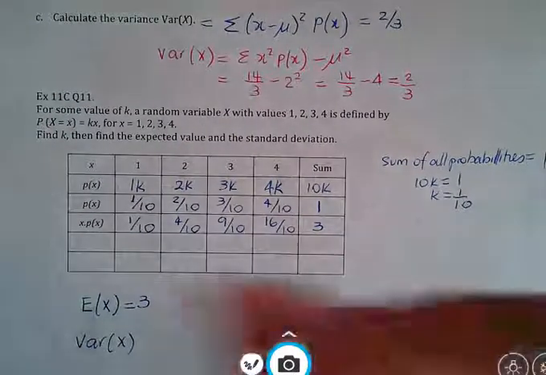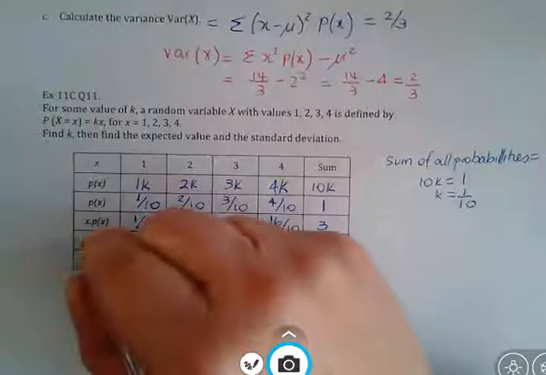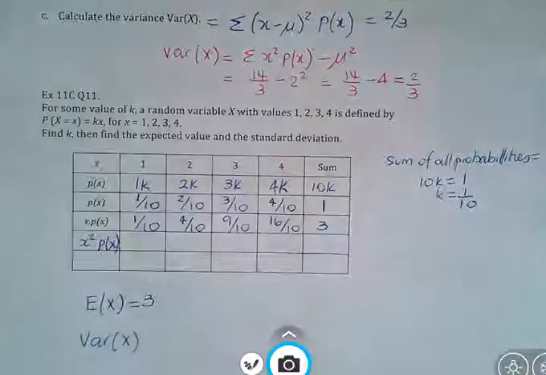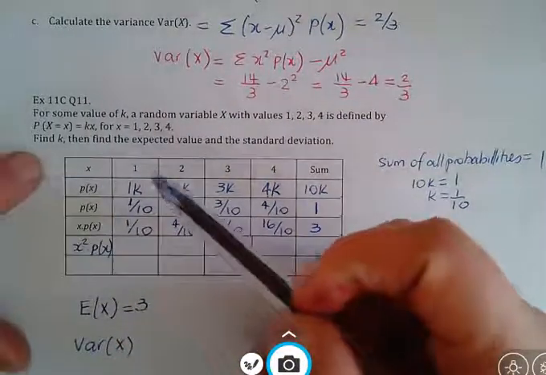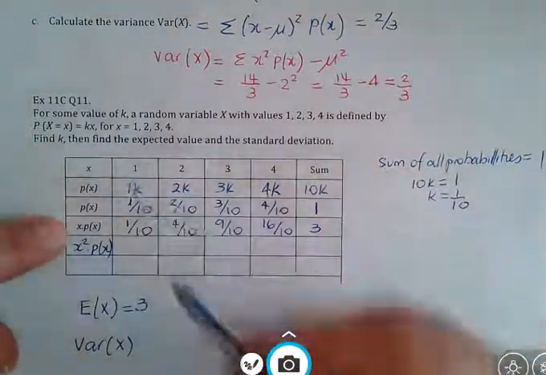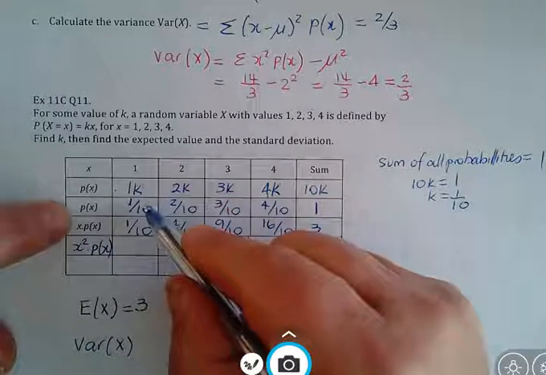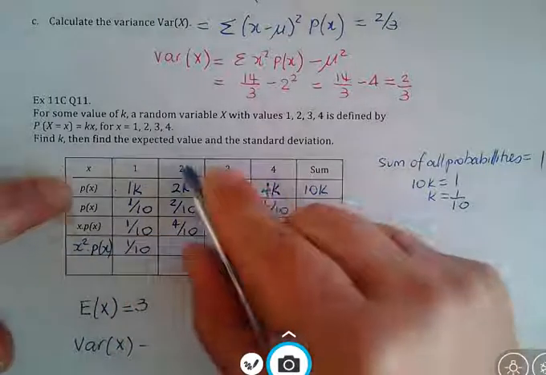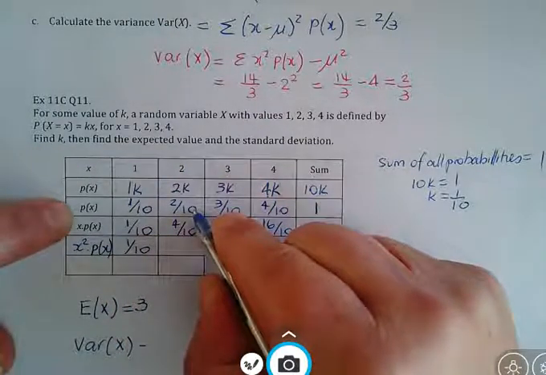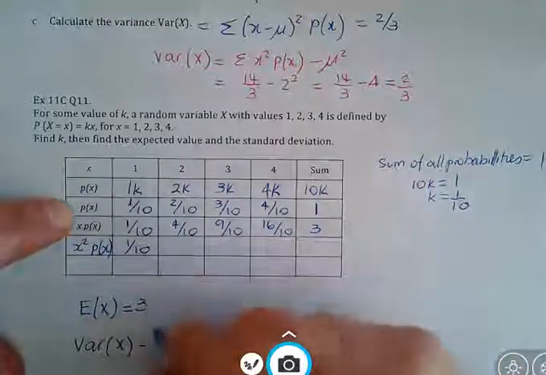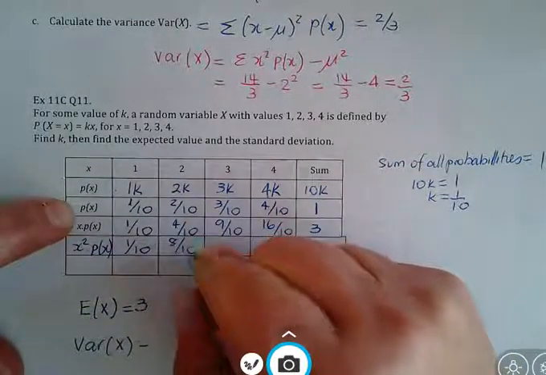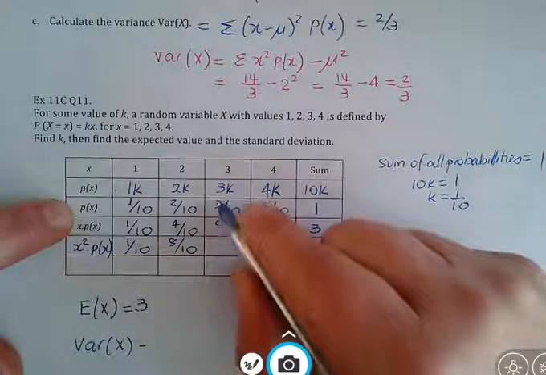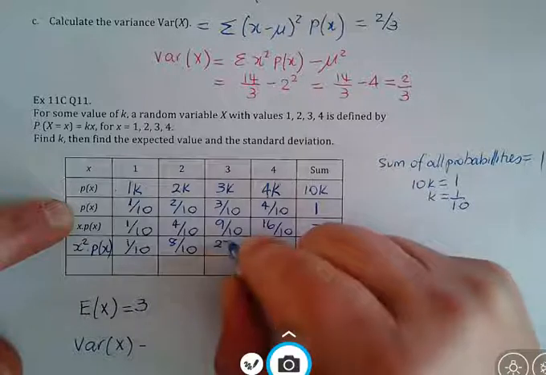Okay, so we'll just do the x squared p(x) method this time. So x squared p(x) is 1 squared times 1/10, which is 1/10. 2 squared, so that's 4 times 2/10, is 8/10. 3 squared, 9 times 3/10, is 27 over 10.